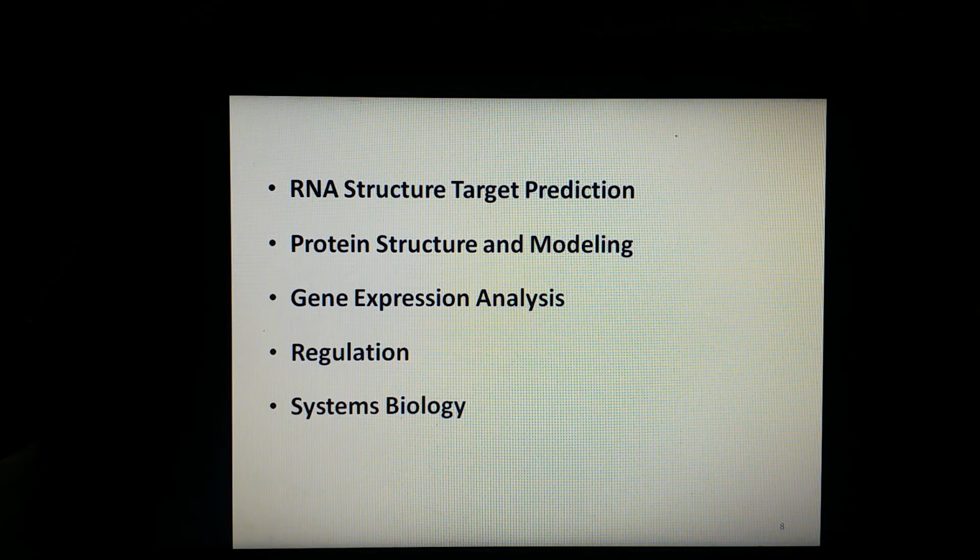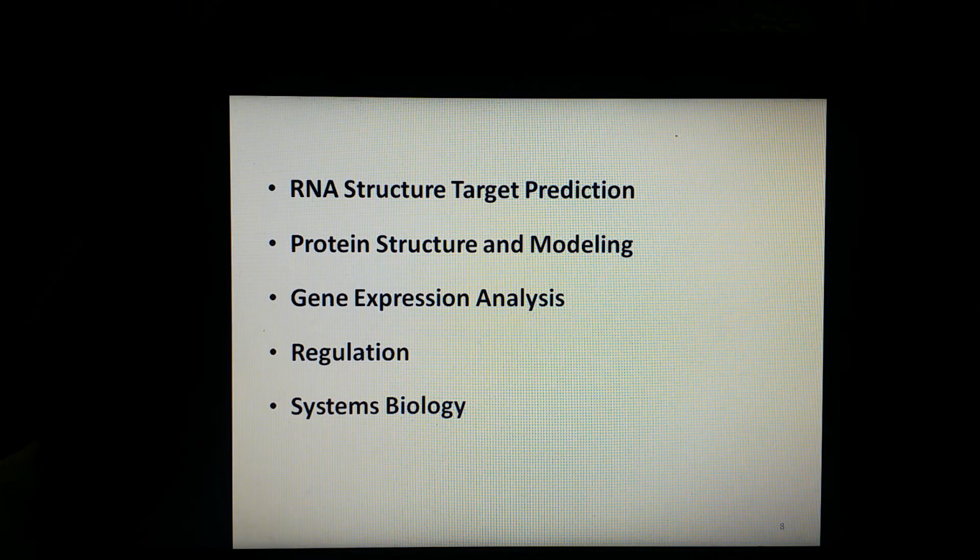Then you have gene expression analysis. It is focused on developing methods and databases for profiling expressed genes, known coding RNAs, and the proteins. So this is done through gene expression analysis. Then you have regulation. It is focused on developing methods for the discovery and understanding of those factors that regulate gene expression and protein modification.